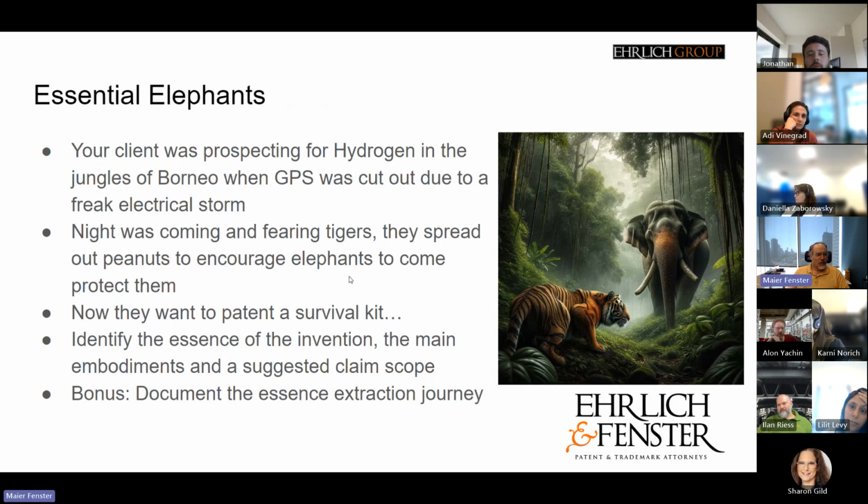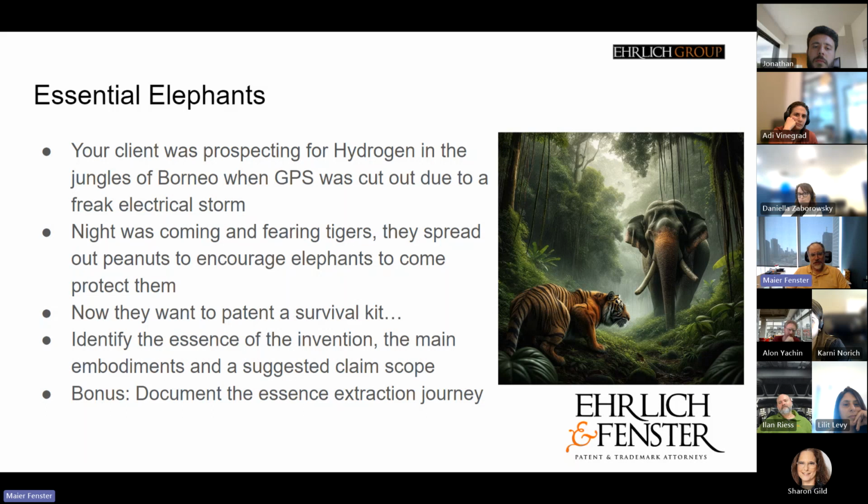Here's an example for what it looks like in real life, other than Lego. This is a more realistic situation. So you have a client who's prospecting for hydrogen, you know, the new gold rush, and they launched the GPS.